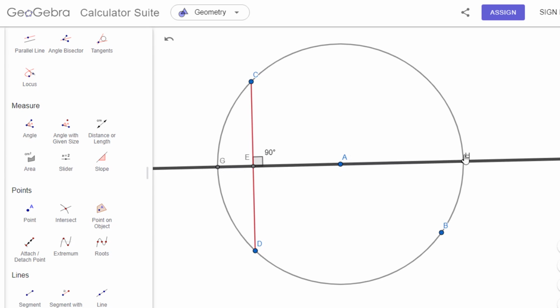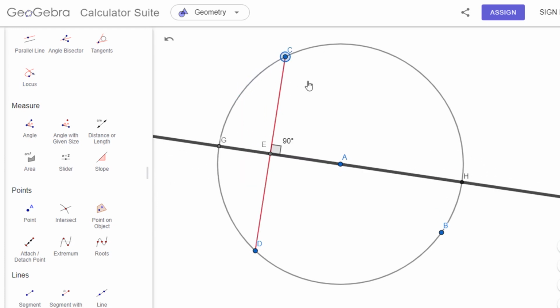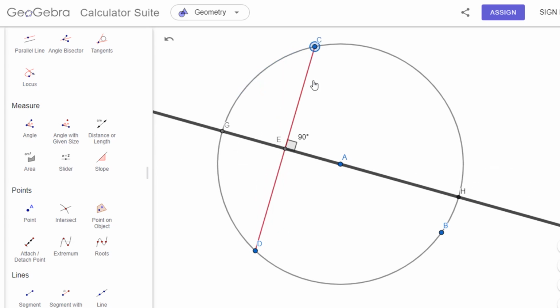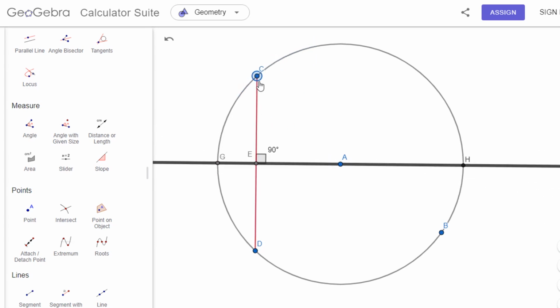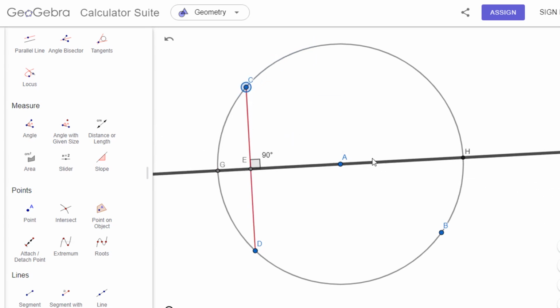So in this instance, what you would say is that GH is the diameter because it is the perpendicular bisector of CD. So that means that you are applying the theorem to answer that exam question. And as you can see, it's the perpendicular bisector of this red line right here. So there you have it.